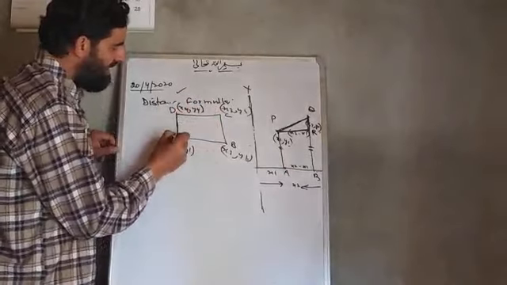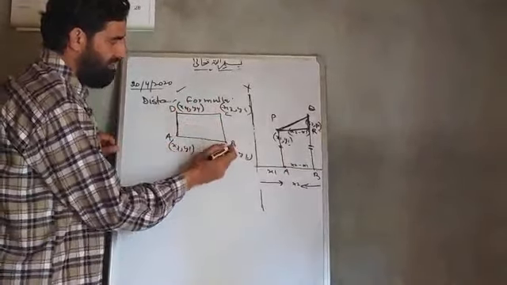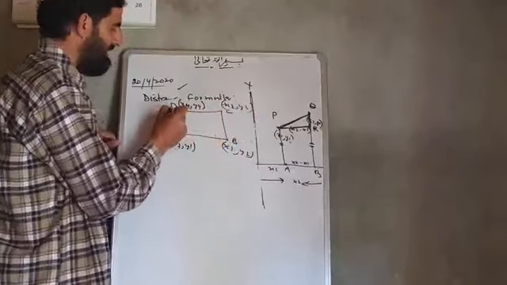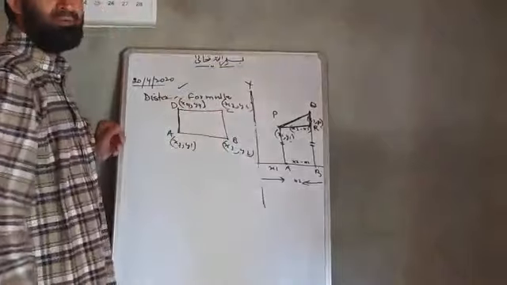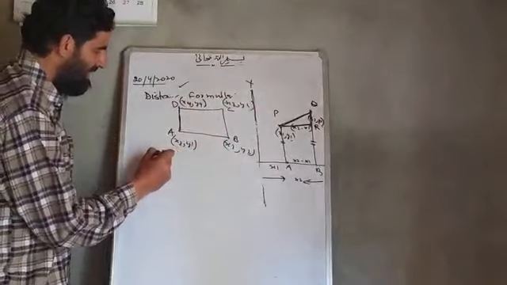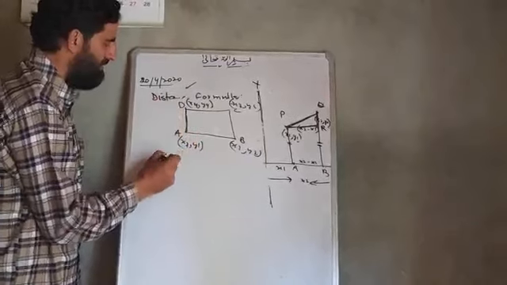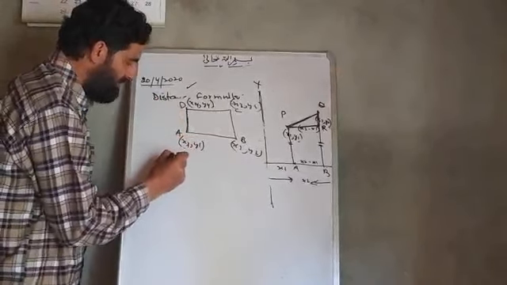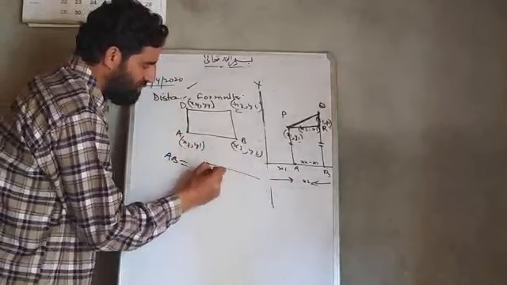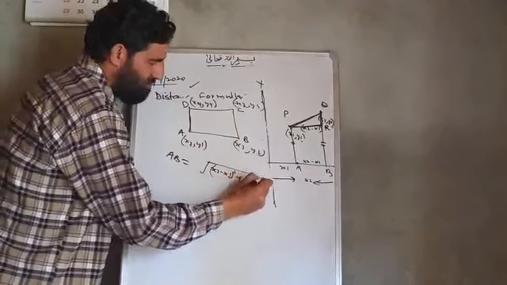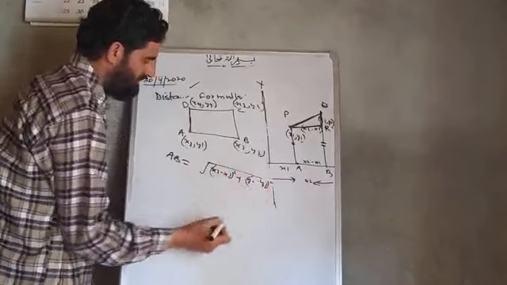So coordinates of A are (x1, y1), coordinates of B are (x2, y2), coordinates of C are (x3, y3), and coordinates of D are (x4, y4). Now again we shall apply this distance formula. AB is equivalent to under root of (x2 minus x1) whole square plus (y2 minus y1) whole square.